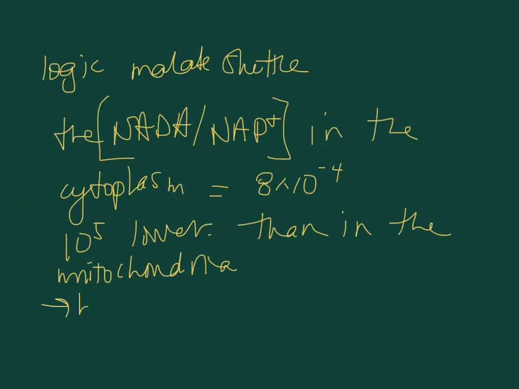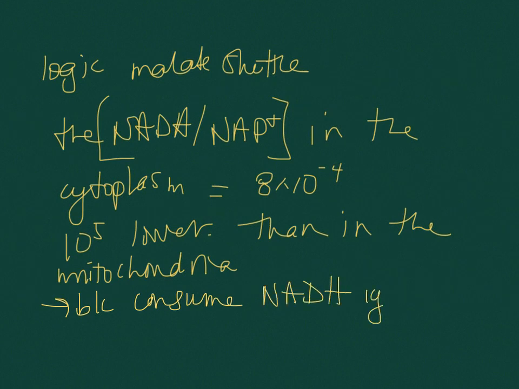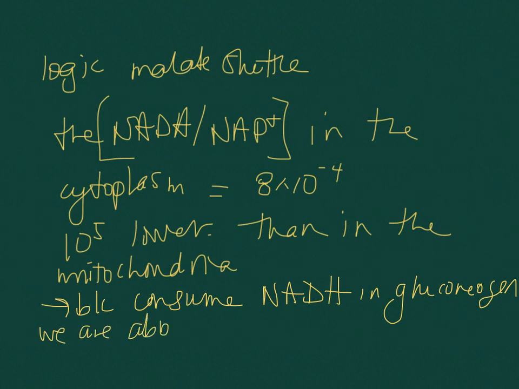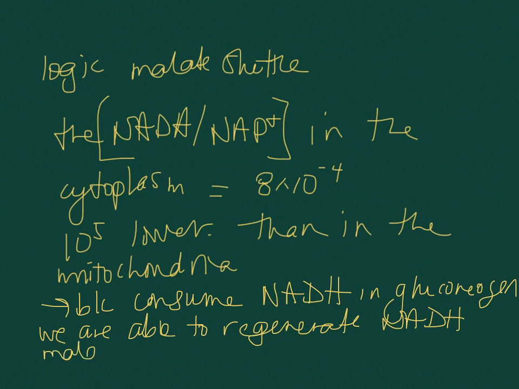Because we consume NADH in gluconeogenesis, we are able to regenerate NADH when we go from malate to oxaloacetate.